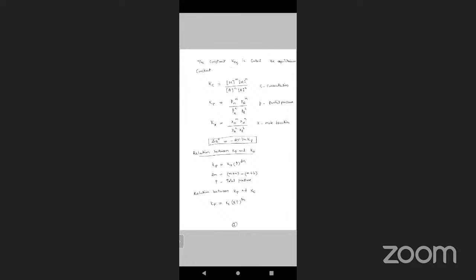Law of mass action and equilibrium constants in terms of concentration, partial pressure, and mole fraction, and then the relation between Kp, Kx, Kp, Kc. The derivations are not required, but remember the equations so that we can apply them in numerical problems whenever they come.